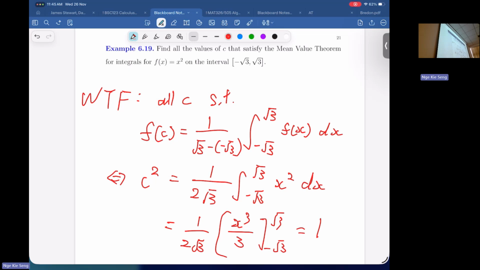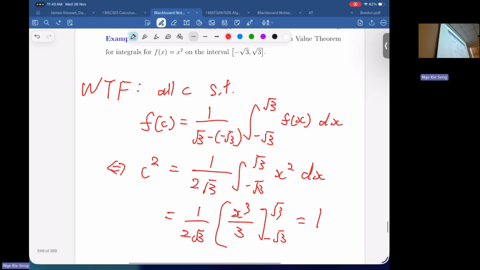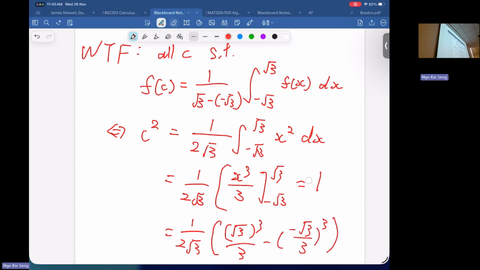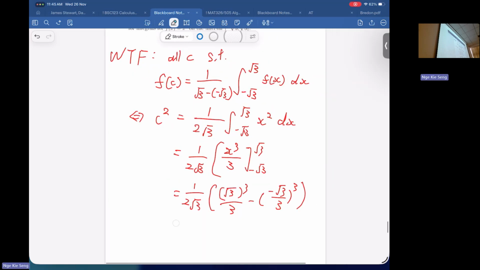Quite compute it. You compute it? Try and compute it. So x cube over 3, cube. And this is 1. Is it 1? Not 1? Because square root 3 can cancel out, right?